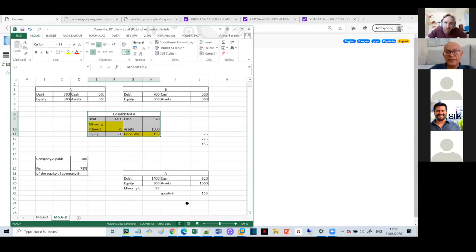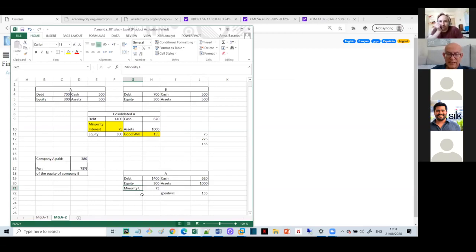So, what do we see here? This is a consolidated statement, this is what you really see most of the time in financial statements, the one that you will see for your company. Most likely, you will see goodwill, you will see minority interest, or you might see a different title, okay? Equity that belongs to a third party or something like that.